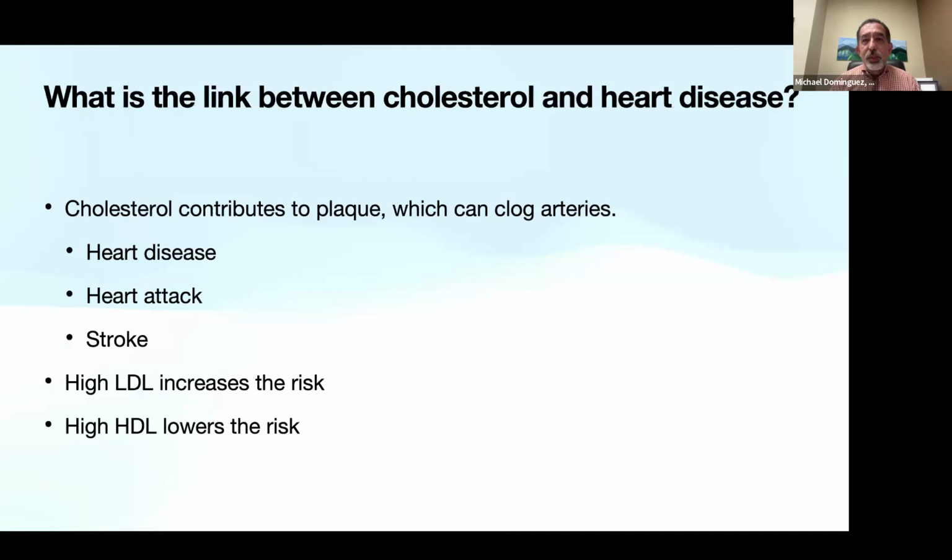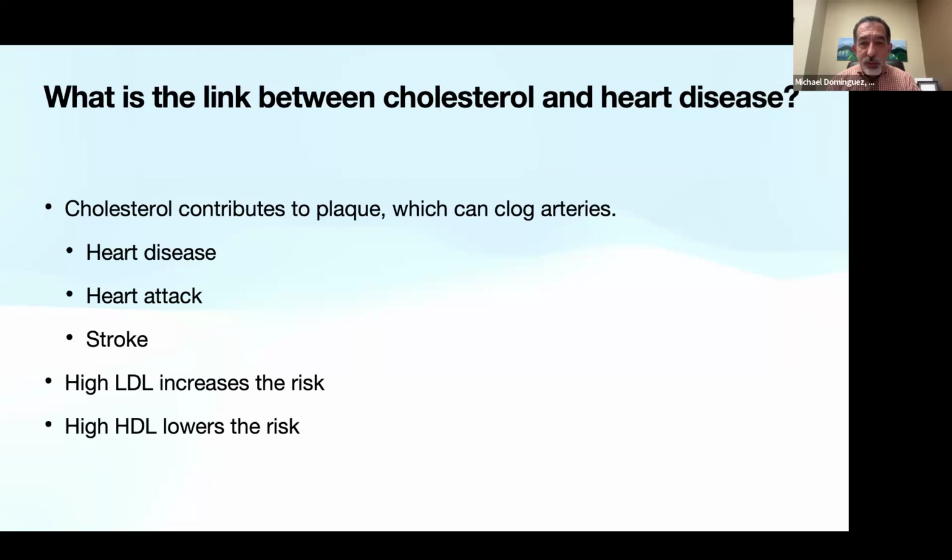So what's the link between cholesterol and heart disease? Cholesterol contributes to the plaque that gets into those coronary arteries that can cause heart disease, heart attack, and when those blood vessels are clogged in the brain, can cause a stroke. So the way a heart attack works is that those plaques in our coronary arteries can rupture.